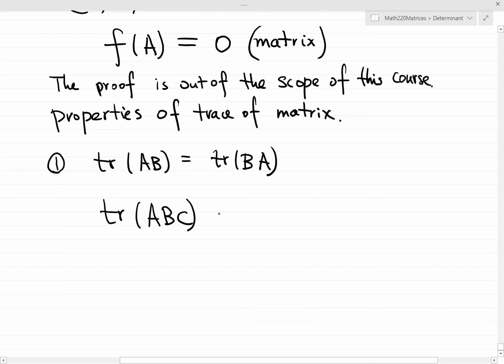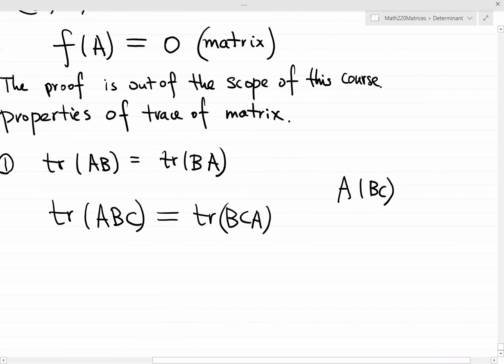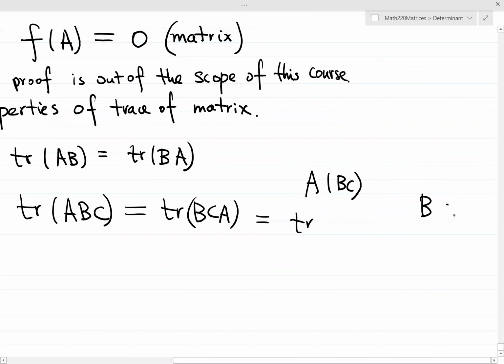You can write A times BC, viewing BC as one matrix, so you get trace of BCA. This is also equal to, if you flip again, trace of CAB.